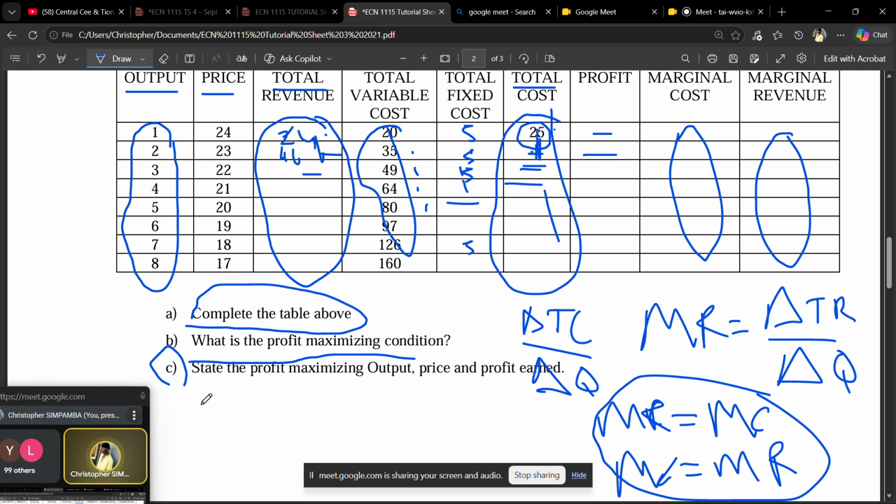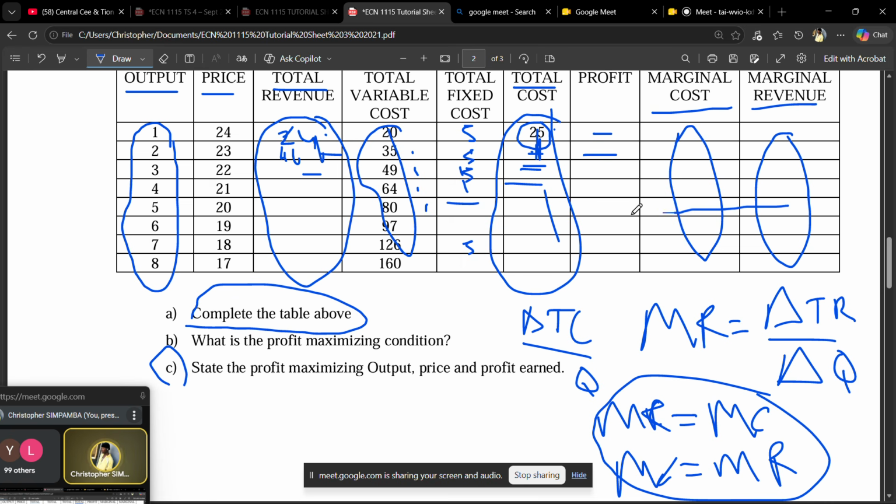Then question C, they're saying state the profit maximizing output, price, and the profit. Okay, so here we're just going to follow the condition that we just wrote. We'll find a point on the table where the marginal cost that we found and marginal revenue are the same.